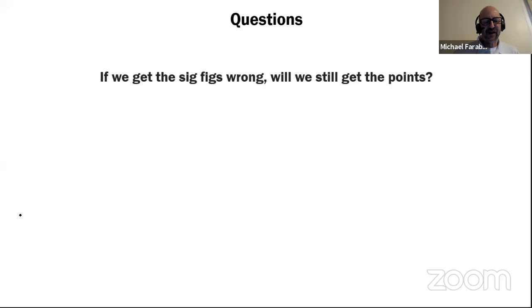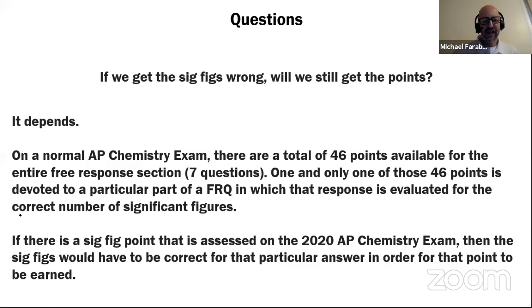All right, this person said, if we get the sig figs wrong, will we still get the points? Well, that depends. On a normal chemistry exam, there are 46 points available for the entire free response question, which includes 7 FRQs, and only one of those 46 points is devoted to sig figs.